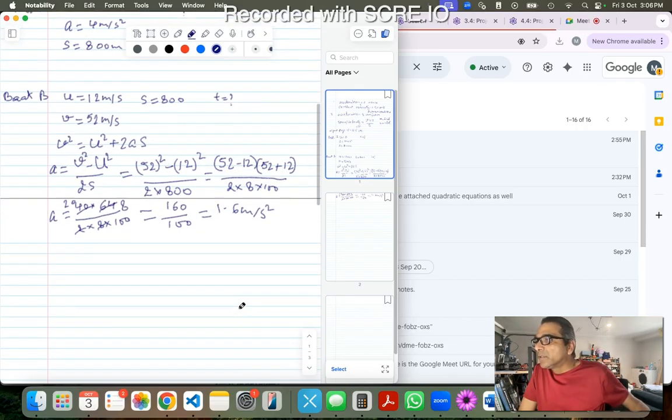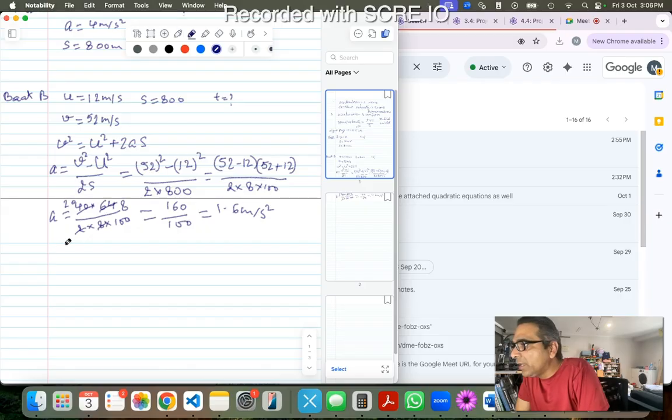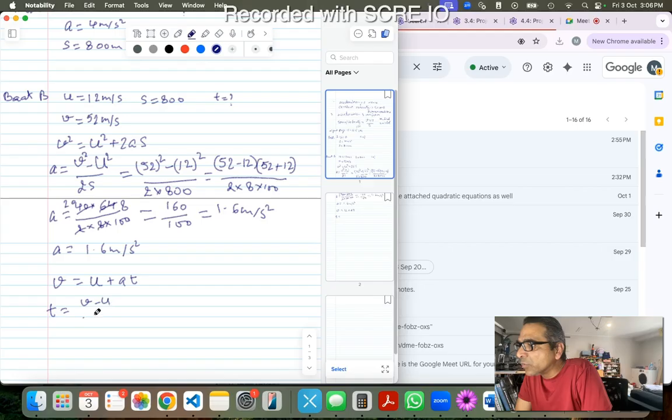Now we have a equals 1.6 meters per second squared. So we can say that v equals u plus at, which means t equals v minus u over a.